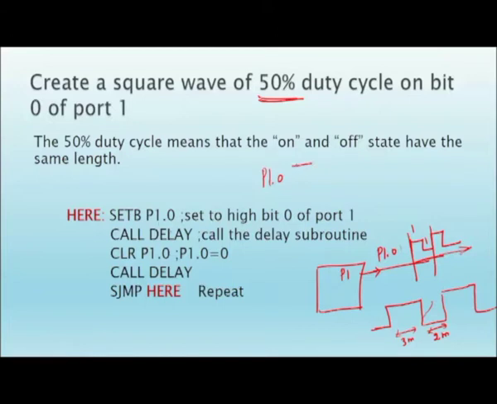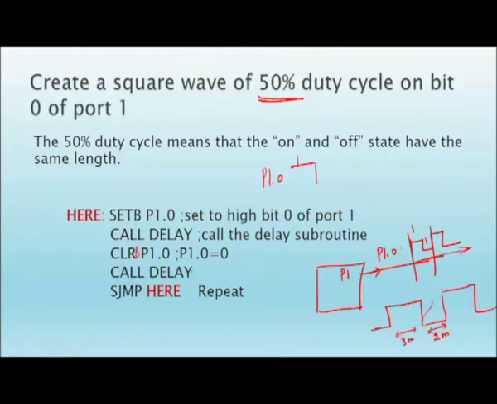Then after making the call to delay, the width will be obtained based on the delay. Then CLR P1.0, which means the higher value becomes lower.